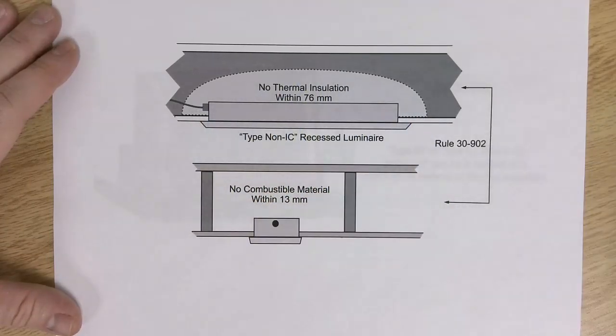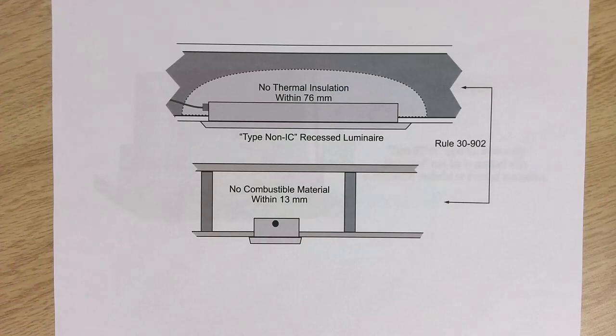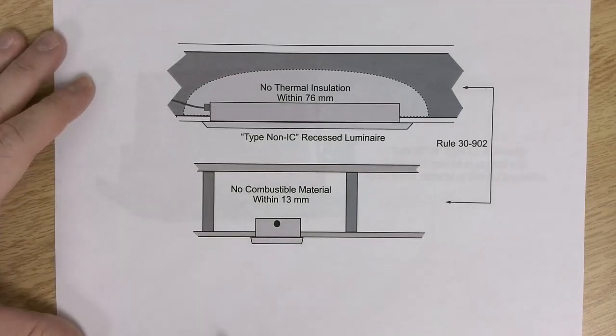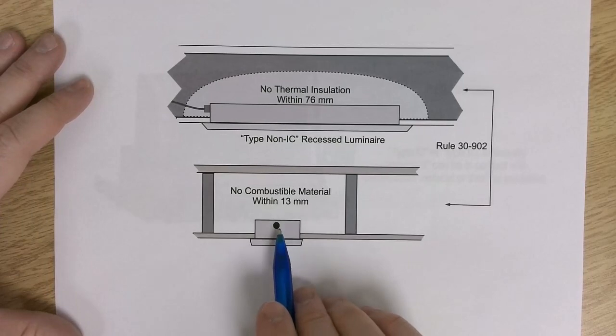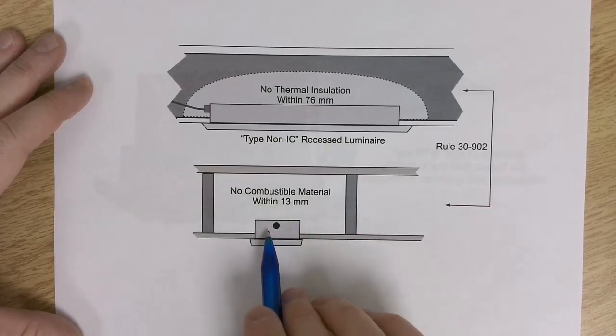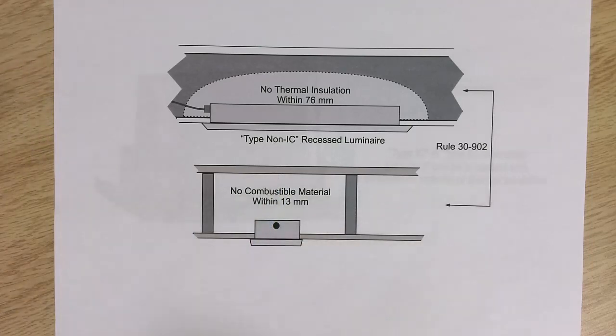Now, 3902 lays it out pretty simple. It just says depending on the type, depends on how close insulation and combustible materials can be, aside from what it's attached to. So obviously if this pot light was attached to a stud, a wood stud, well, that would be combustible material.